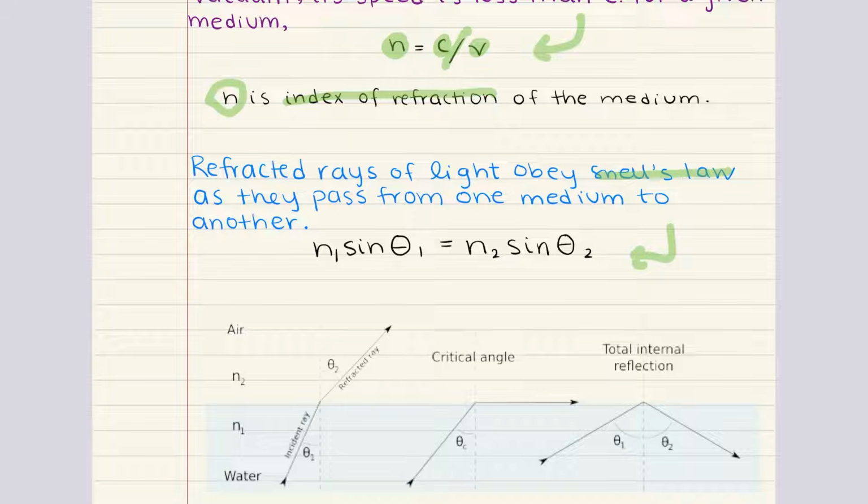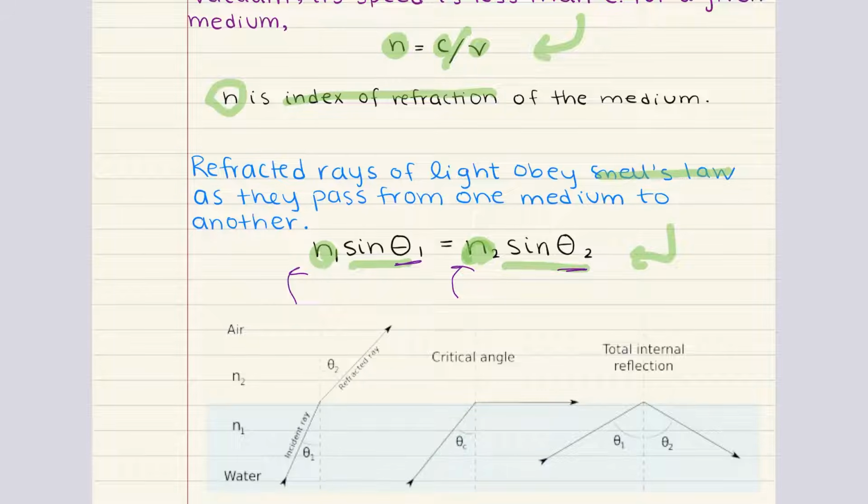This states that n1 sine theta 1 is equal to n2 sine theta 2. n1 and n2 are the indices of refraction for the first and second media, and theta 1 and theta 2 are the angles of incidence and refraction, respectively. Snell's law helps us predict how much light will bend as it enters a new medium.